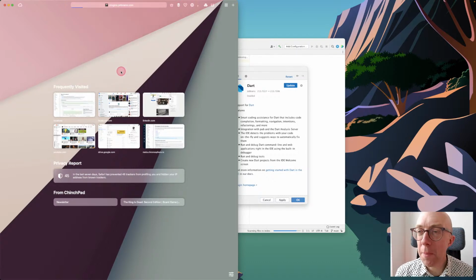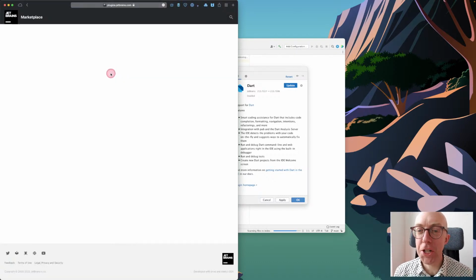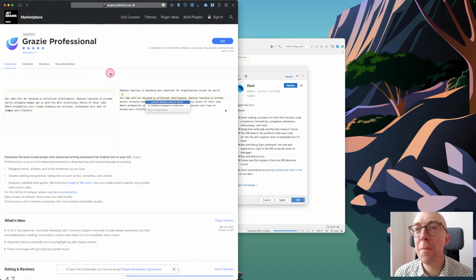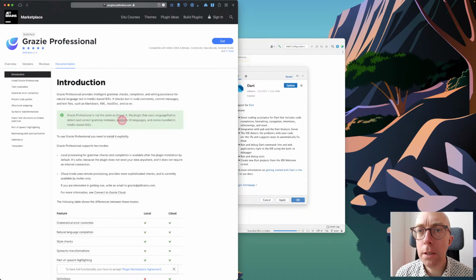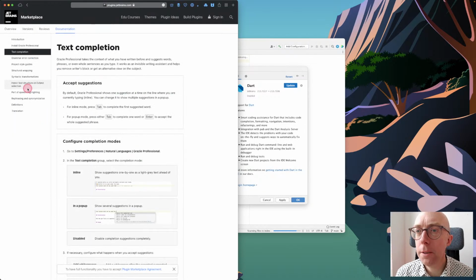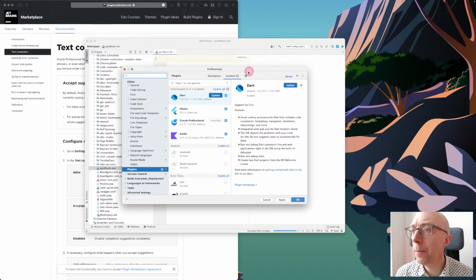Because there were a couple of keyboard shortcuts that I eternally had to remember that I didn't entirely remember. So it was the documentation. It was the, oh, which one was it? It was a text completion, inline tab, pop-up mode. I think we enabled pop-up mode.